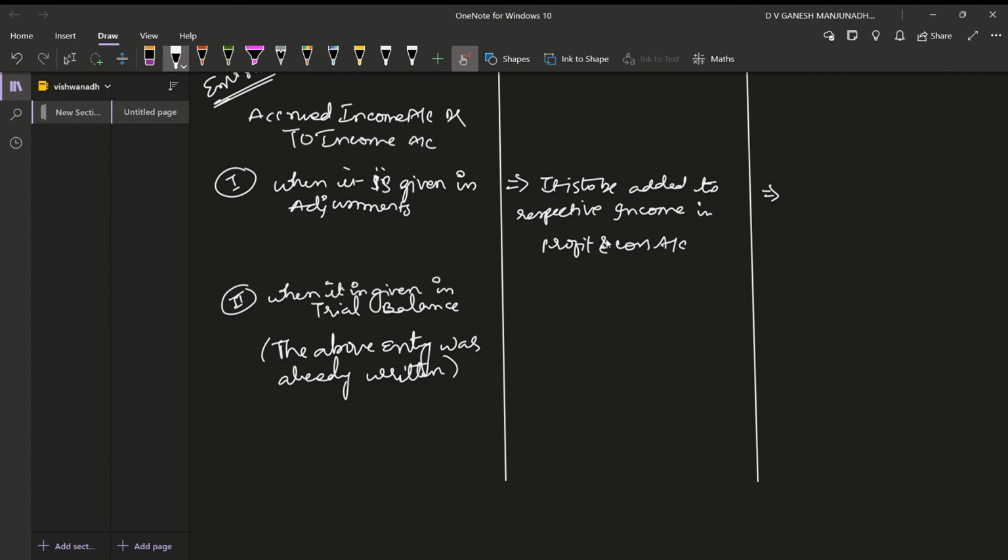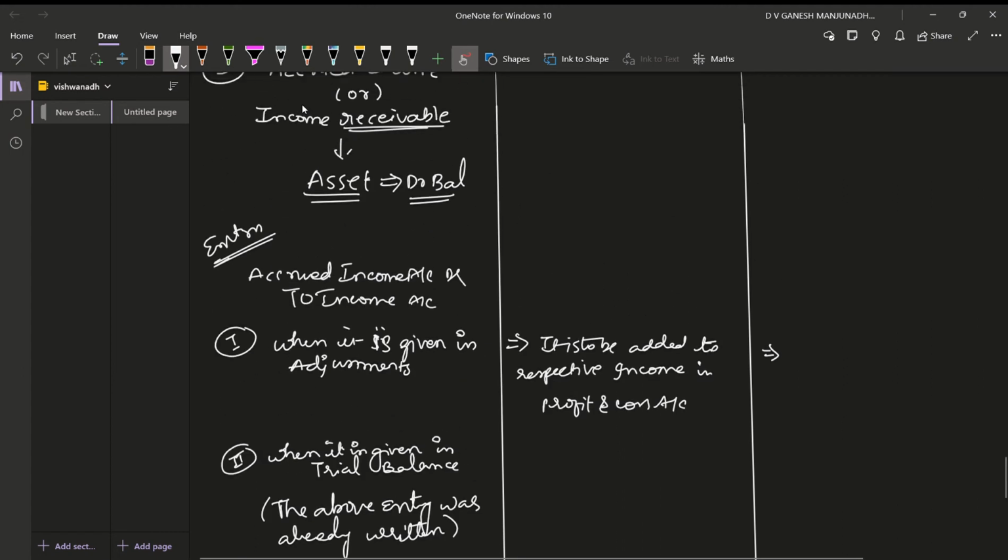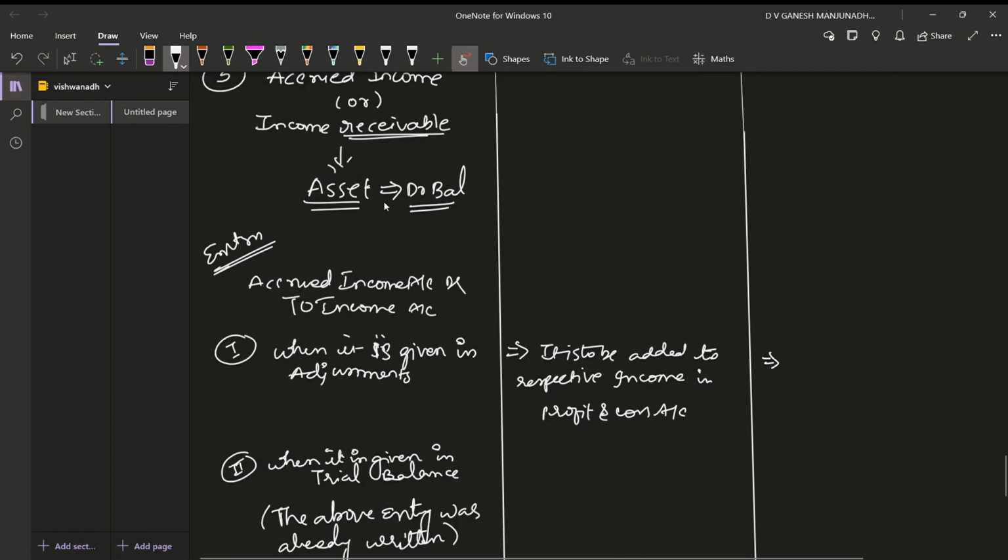Okay, what would be there here now? It is to be added to the respective income in profit and loss account. As I have already discussed, this is of the nature of an asset, so it is to be shown as a current asset in the balance sheet.